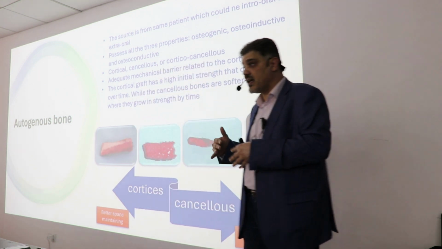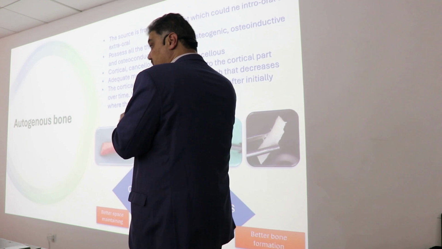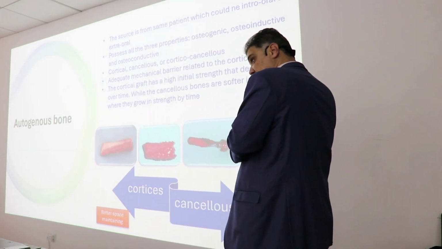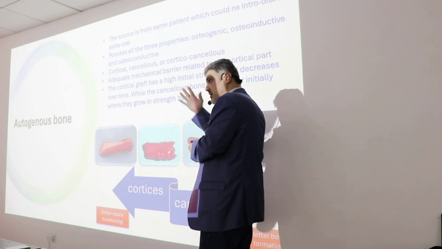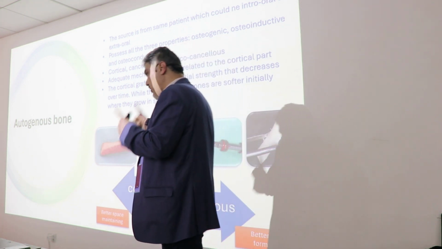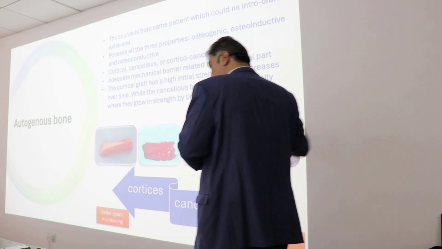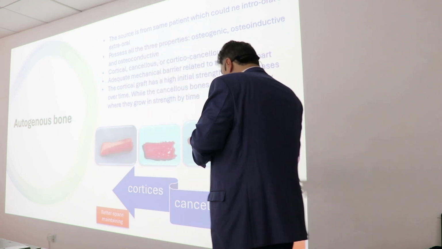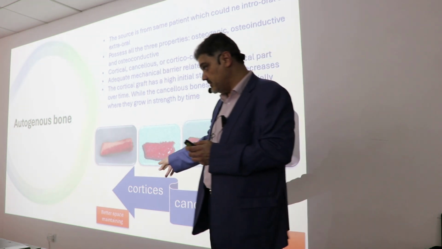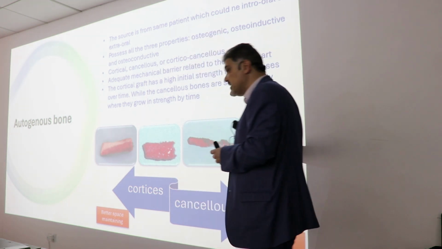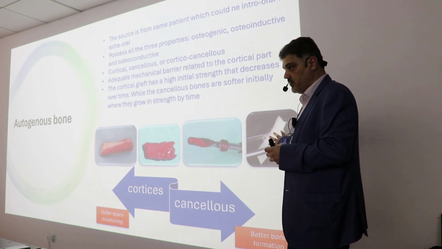It can withstand trauma coming from outside more than the cancellous, which might resorb quicker with more trauma. However, the end result of the bone formation that comes from the cancellous is much better than the cortical. So if you have noticed here, this is mainly cortical bone.